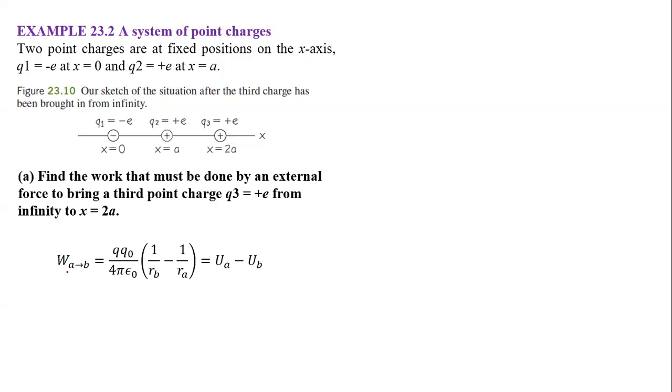Those are equal: the work from A to B is equal to the potential energy at A minus the potential energy at B. The potential at A is at x equals 2a, and the potential at B is at infinity, which we know is equal to 0.